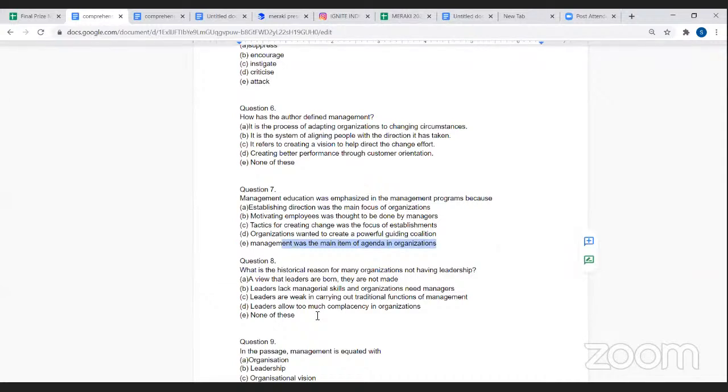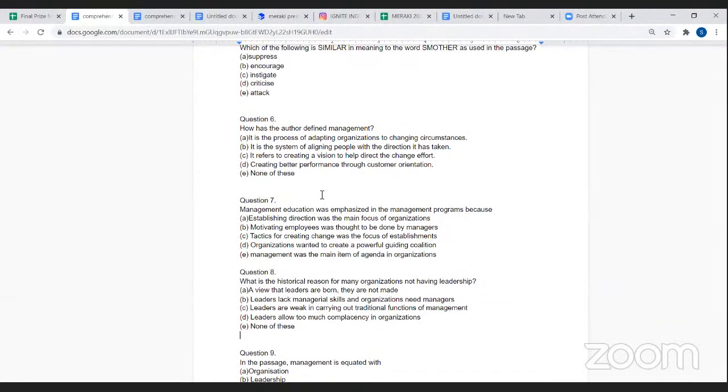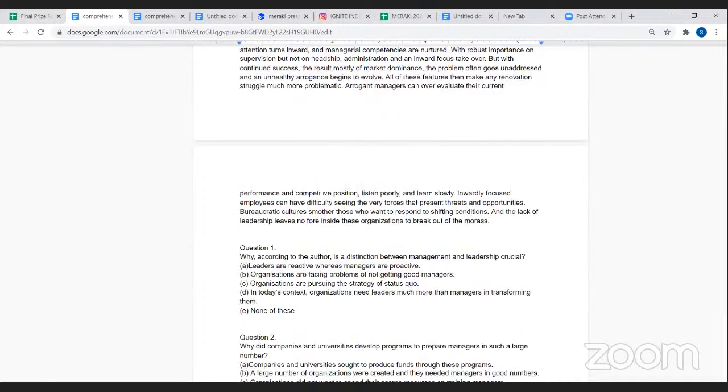What is the historical reason for many organizations not having leadership? B. They're asking for the historical reason.